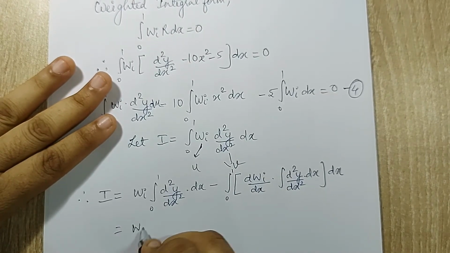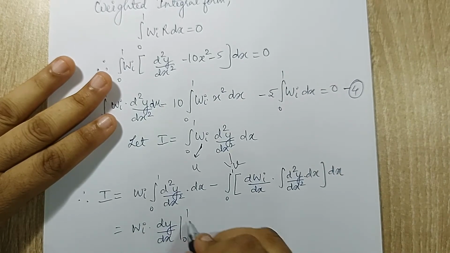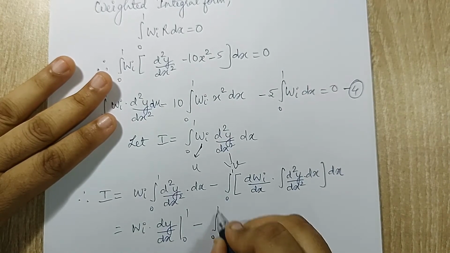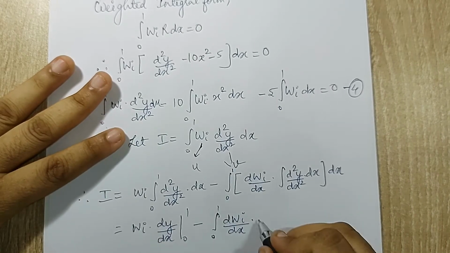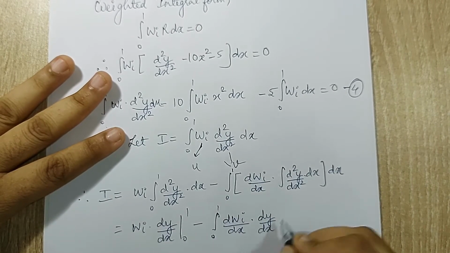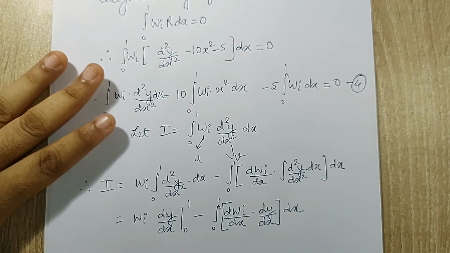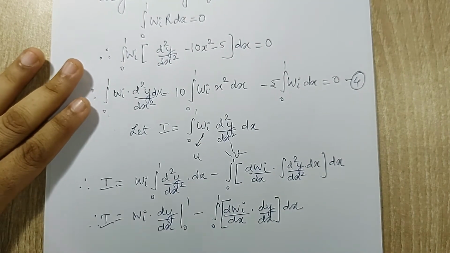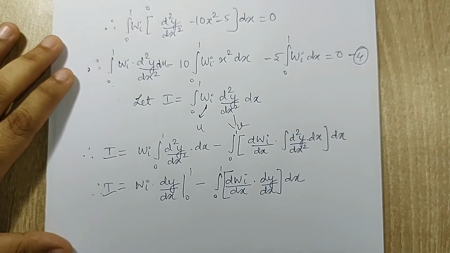Here I'll have wi, this becomes dy by dx, from 0 to 1, minus integration 0 to 1 dwi by dx will remain as it is. This term will become dy by dx. These two are still under the integration term. So this is my equation I. I will be resubstituting I in this equation 4.